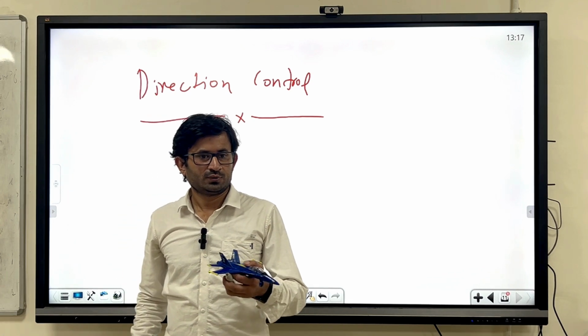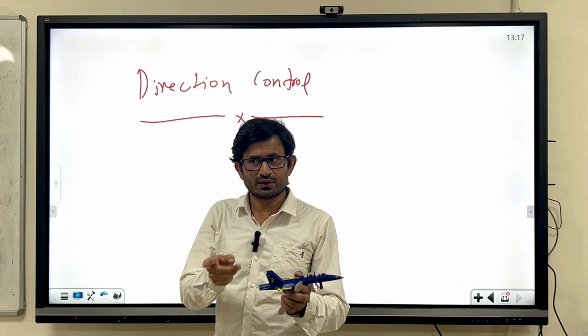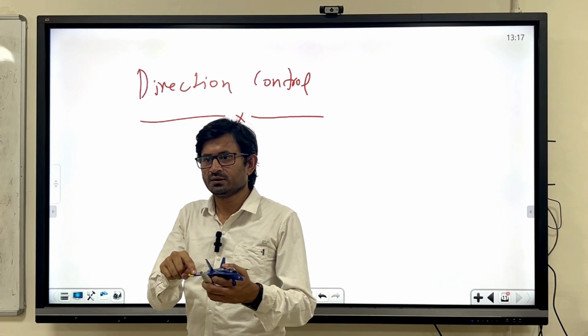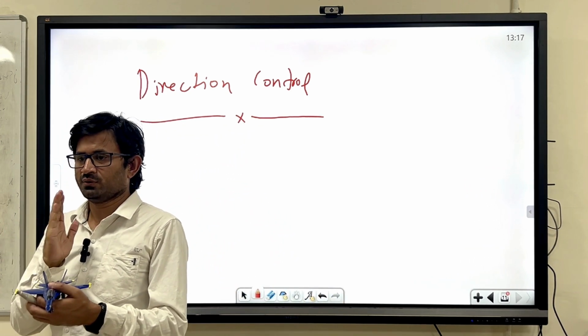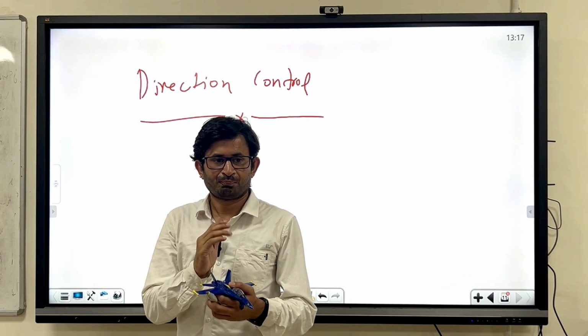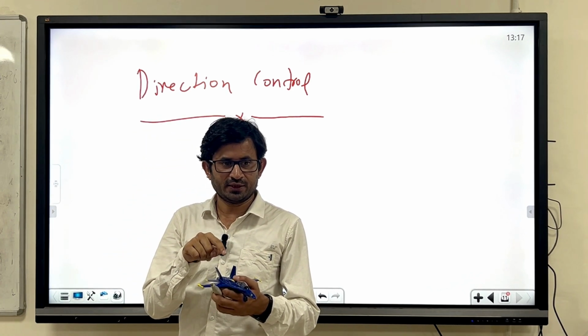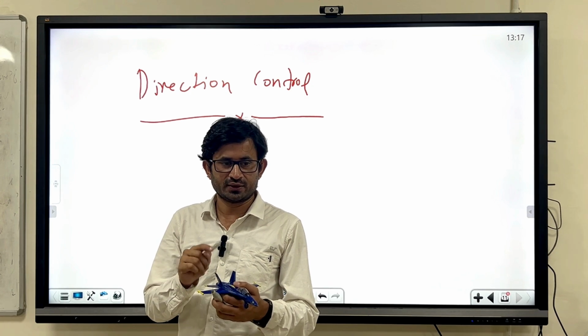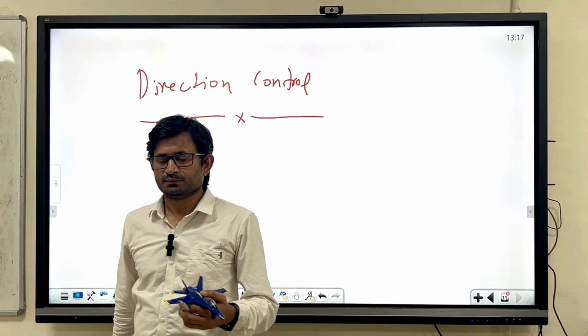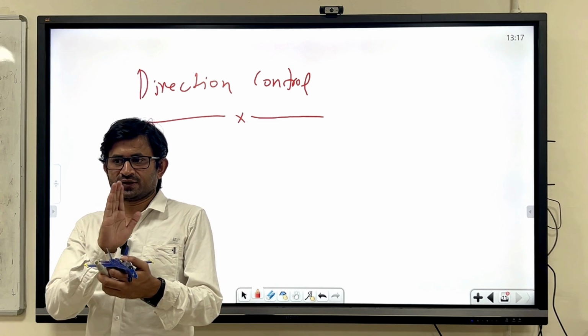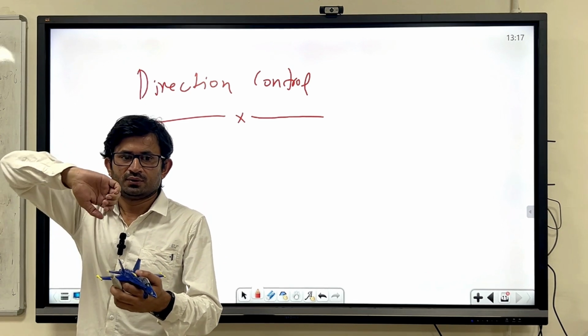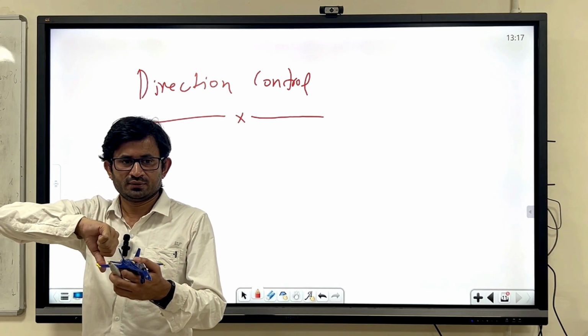Now elevator we have done in the longitudinal case, aileron for the lateral case, and now the last one is rudder. This is a primary aerodynamic control surface: elevator, aileron and rudder. So if the rudder is deflected in this way, my thumb is pointing downward, right?